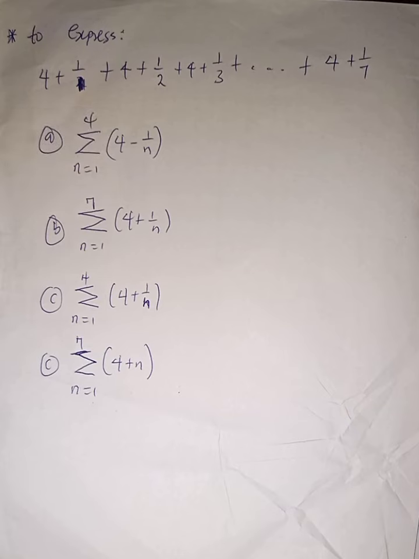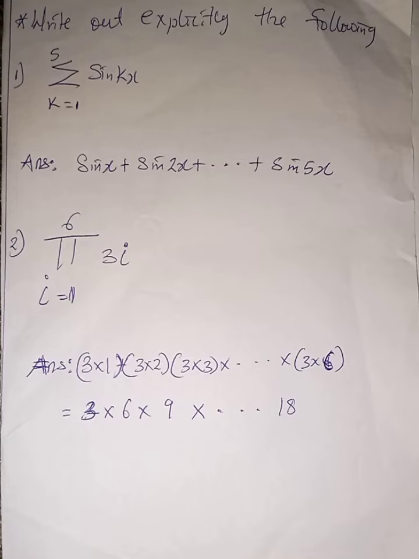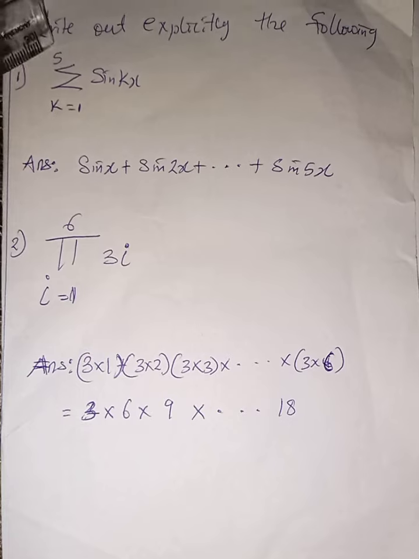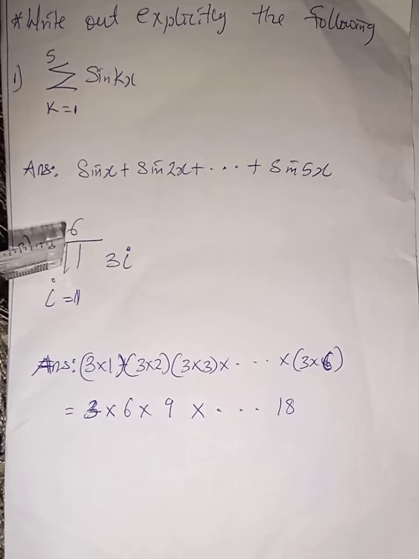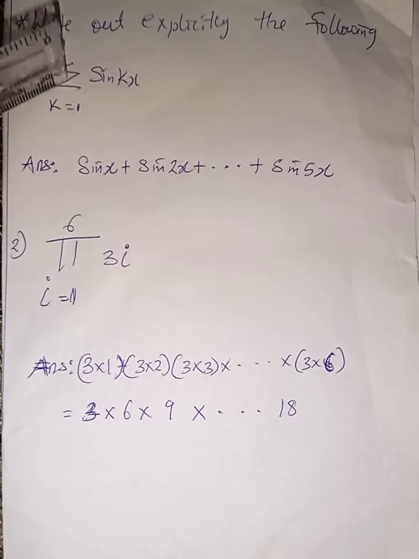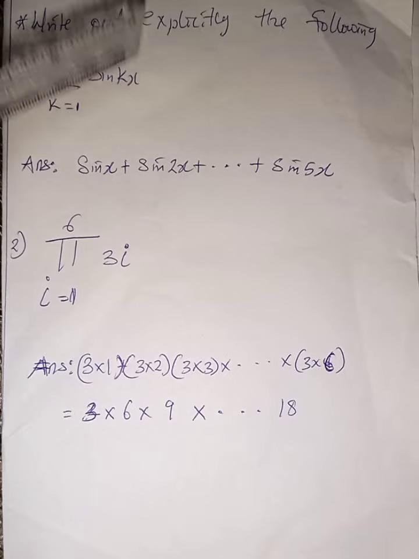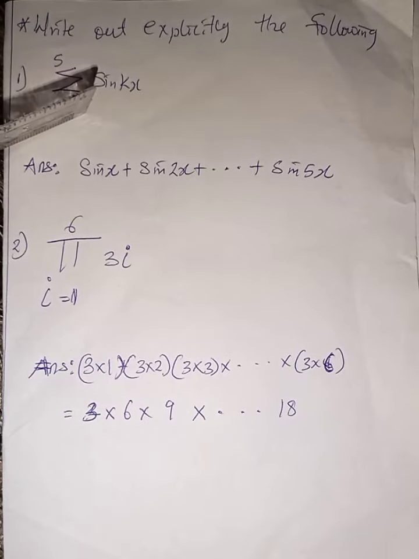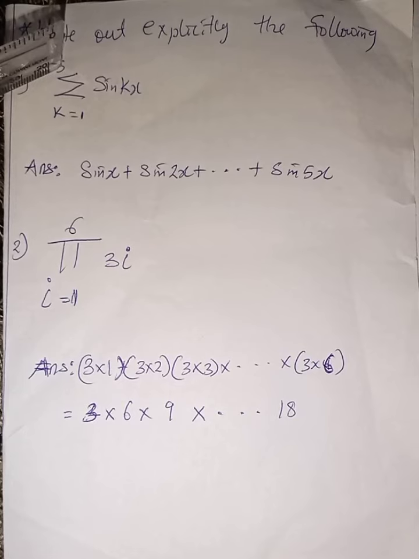Take note. Now, what if we are asked to write a particular notation out explicitly? How are we going to do it? For example, I say write this notation out. To write this out, it means anywhere you see k, first put 1, then next you put 2, until you get to 5.